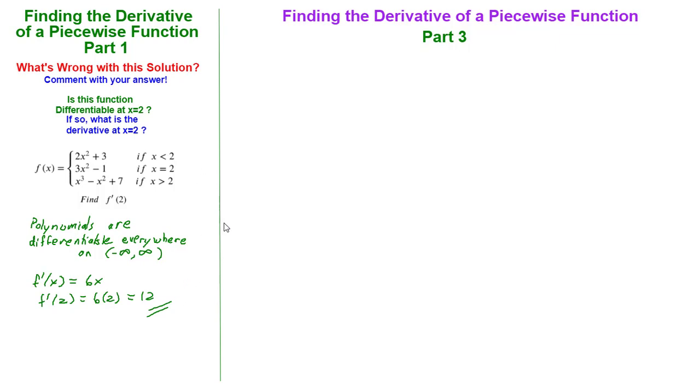So the problem with this is that the function is really just defined at this one point at x equals 2. Even though we're using a polynomial, it's really just defined at x equals 2 at that one point. So we could have just defined the function like this.